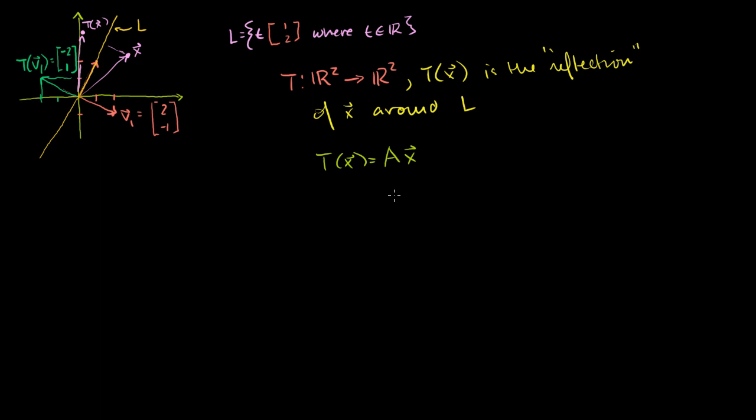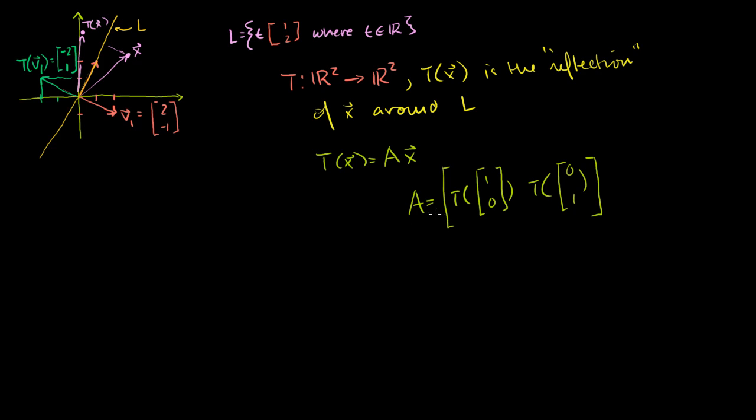Before, to find A, we would say A is equal to the transformation applied to our first standard basis vector, so the transformation applied to 1, 0. And then our second column in A would be the transformation applied to 0, 1. And if we were dealing in Rn, we would do this n times, and we would have the n basis vectors. And we've seen this multiple times.